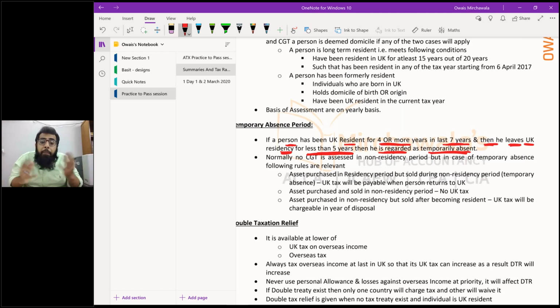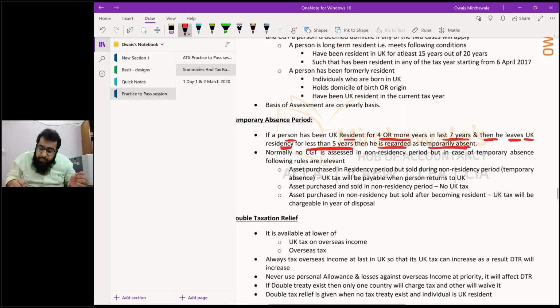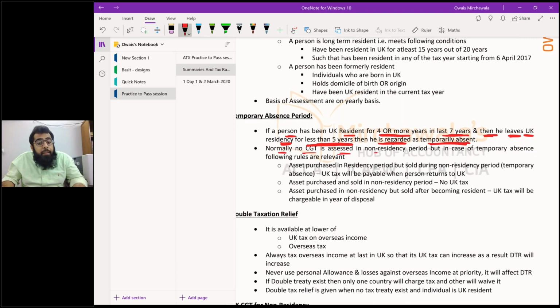Now, what happens when a person is temporarily absent? Now listen, normally no CGT is assessed in non-residency period, but in case of temporary absence, following rules are relevant. Now, does anyone remember the rules of temporary absence?